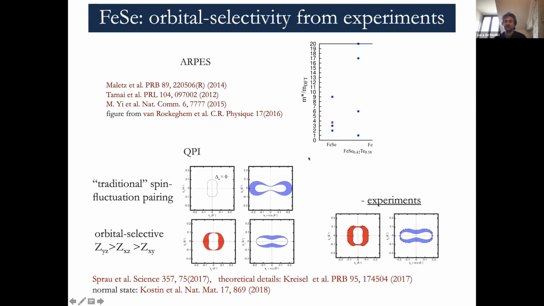So selectivity is there. And also there is a very nice work from the group of Seamus Davis with quasi-particle interference. They showed that the spin fluctuation pairing can be reconciled with experiments only if one makes it orbitally selective and if one uses orbital selective differentiated coherence among the quasi-particles.